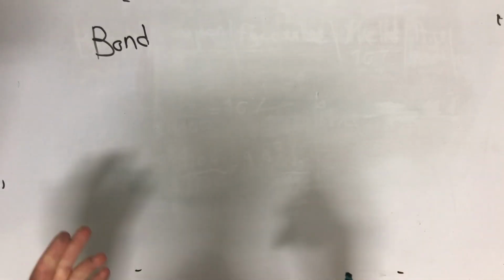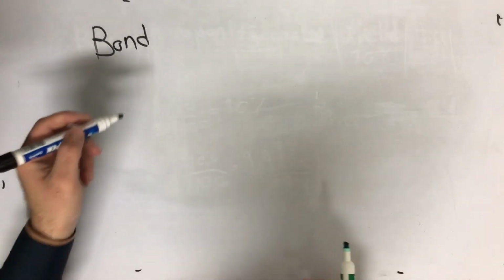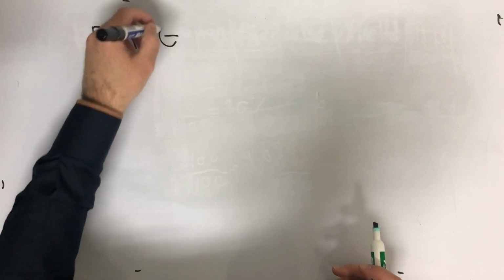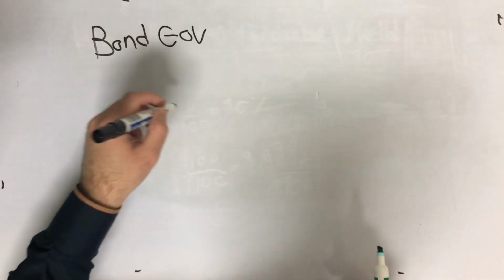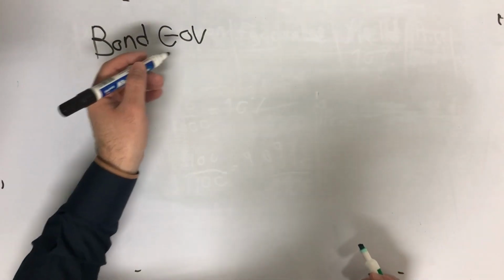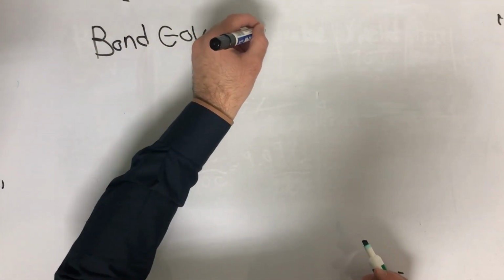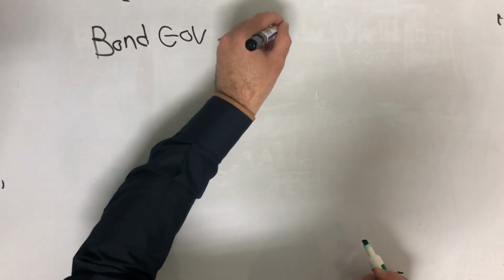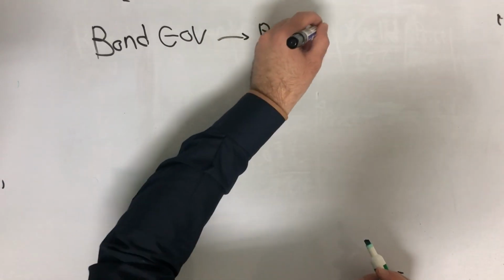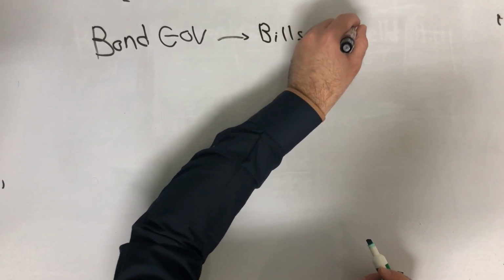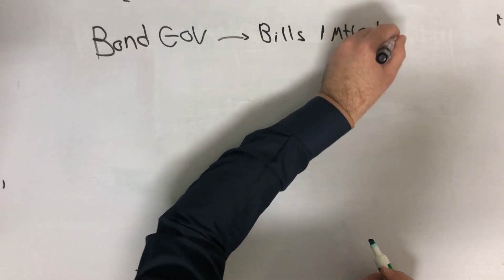Now let's dig into the yield curve and let's talk about bonds, and especially the government bonds. So there are 3 types of government bonds. We can divide them by their maturity. So we have bills, which go from 1 month to 1 year.